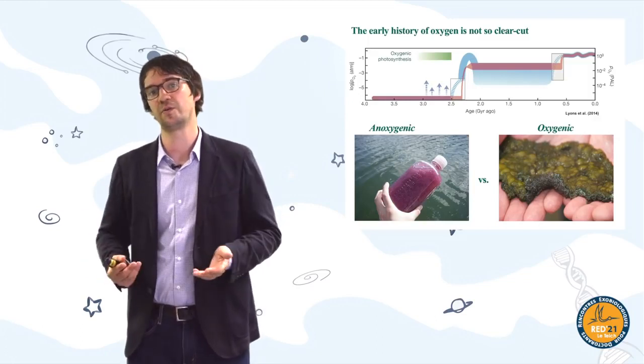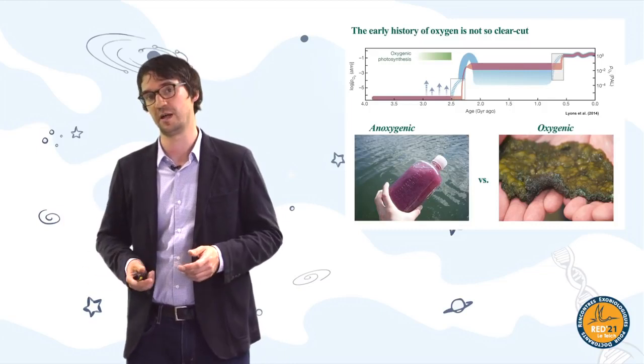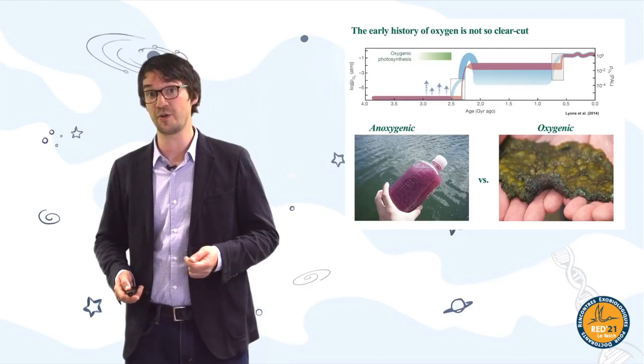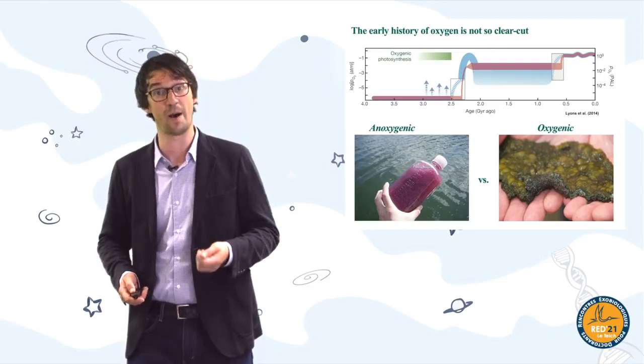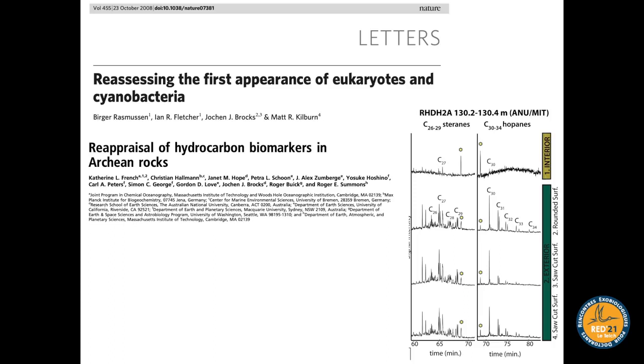We know of nothing on Earth today that is as important for the global carbon and oxygen cycle as oxygenic photosynthesis. So defining its first steps and its origins on Earth is crucial for understanding the role of biology in oxidation of Earth's atmosphere. So there are various ways to try to figure out what kind of bacteria were present and whether or not they were producing oxygen around the Great Oxidation Event or before it.